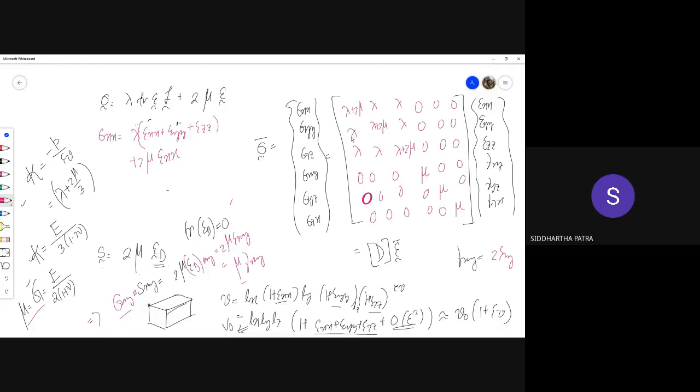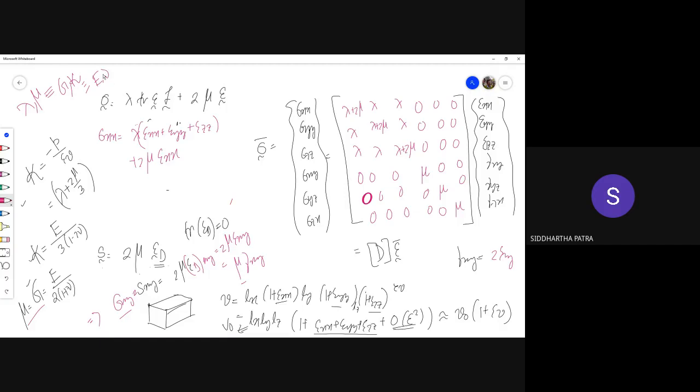And this is how you populate the entire elasticity matrix with Lame parameters, and you only need two. That means you either need lambda and mu, or the shear and the bulk modulus, or the Young's modulus and the Poisson's ratio.